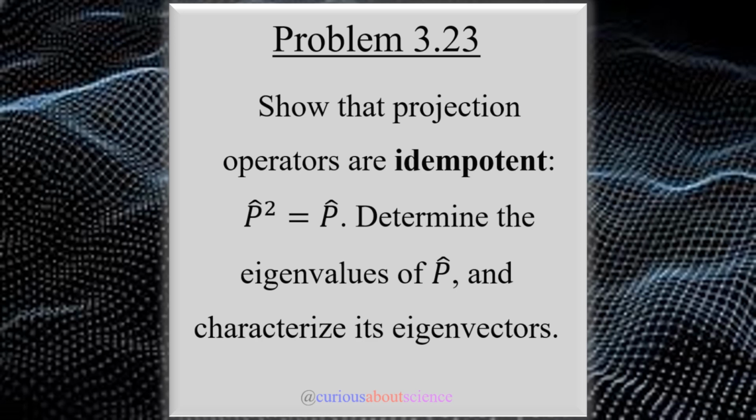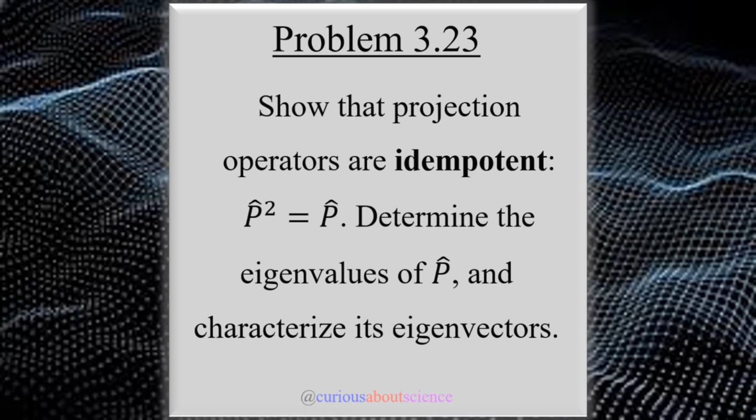And in this problem, we wish to show that the projection operators are idempotent, meaning that we get the same result after applying it multiple times as we do applying it once. In this case, we wish to apply the operator twice, hence p hat squared equals p hat.